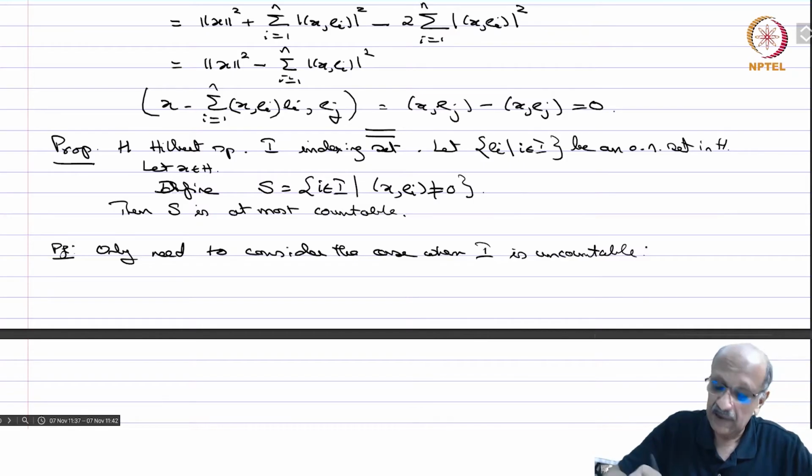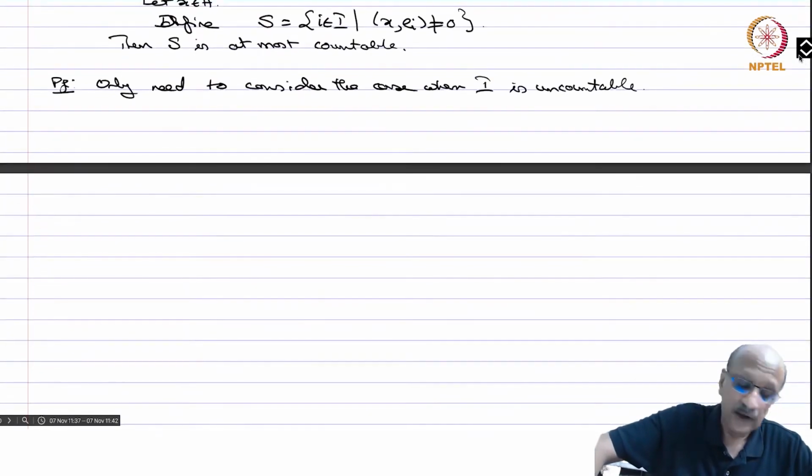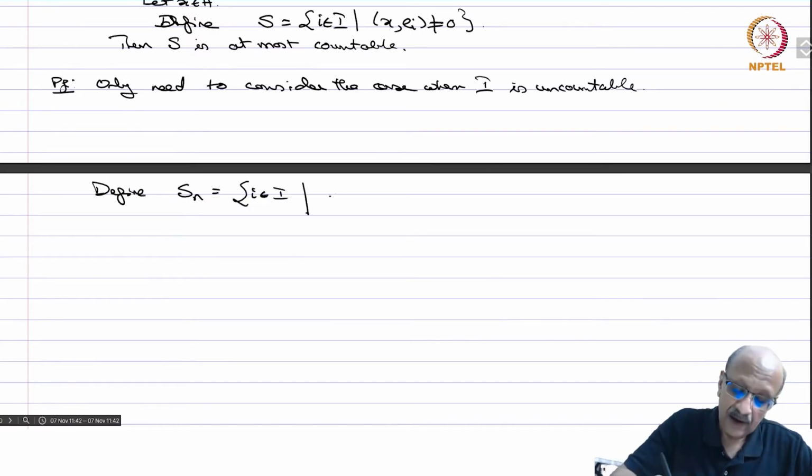S will automatically be at most countable, and therefore we need not worry about it. So we only consider the uncountable case. Now define S_n as the set of all i in I such that mod <x, e_i> square is strictly bigger than norm x square over n.